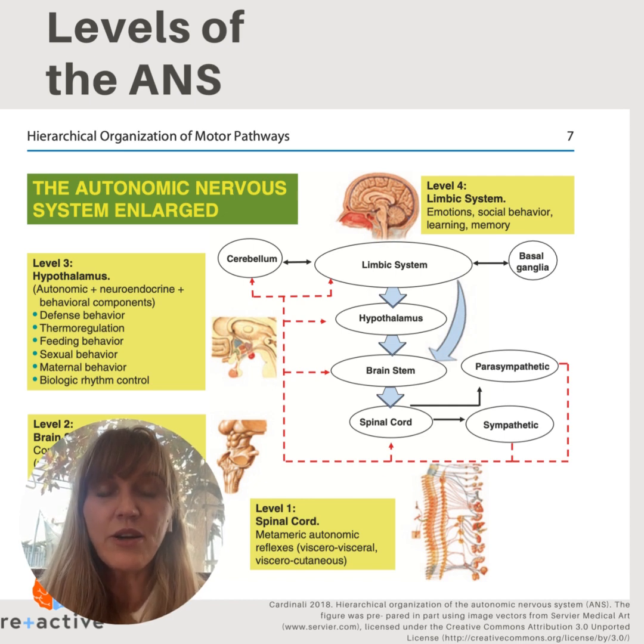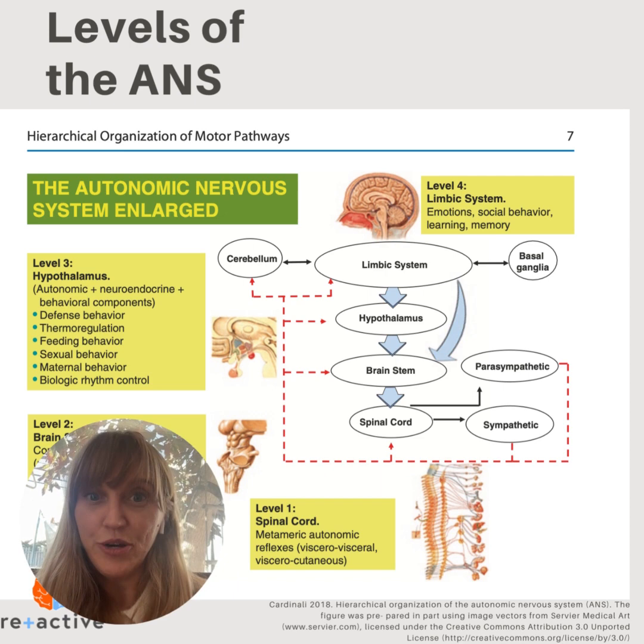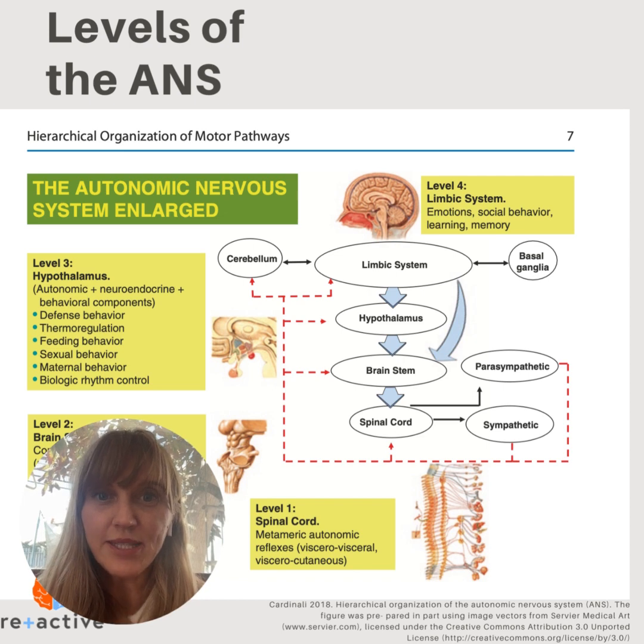This is where a lot of the pathways and nuclei are for the key brainstem centers that also control these automatic physiologic processes. If we work our way up, it's the hypothalamus. Here we get much more integration of autonomic, neuroendocrine, so interacting with different hormones, and the behavioral components.